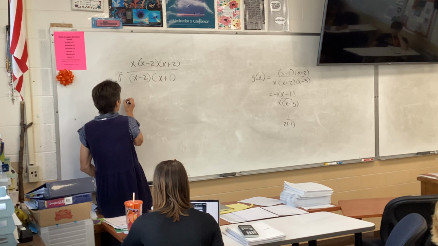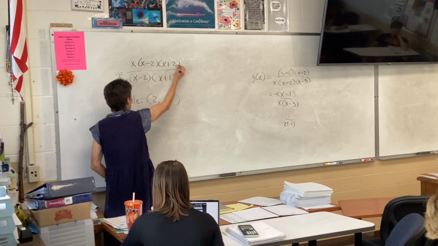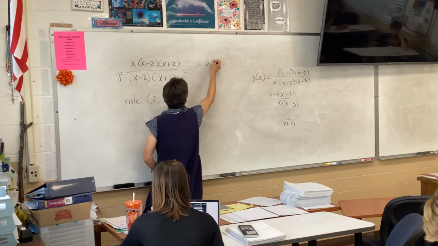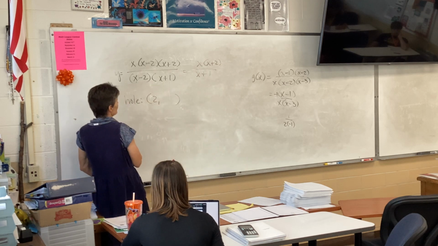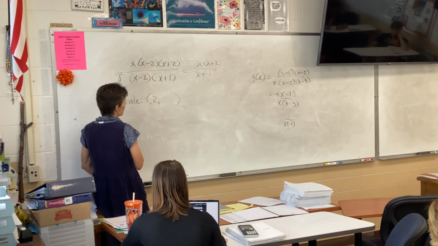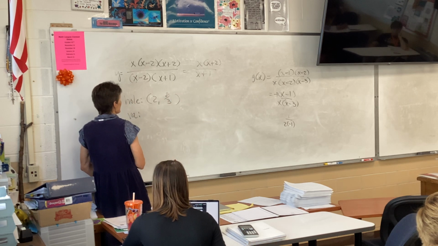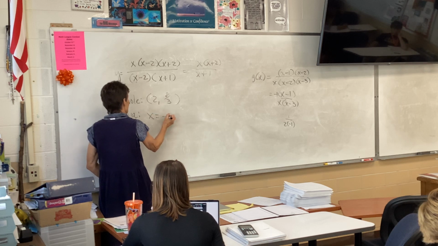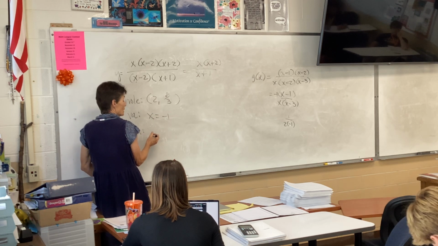All right, so, let's see, do I have a hole? Yes, I do. Where's my hole here? 2 comma what? 8/3. Perfect. Do I have a vertical asymptote still? Yep. Do I have a horizontal asymptote?